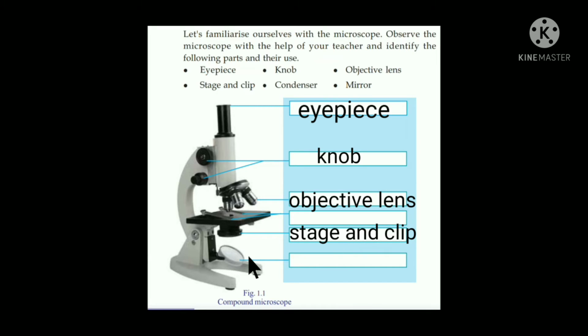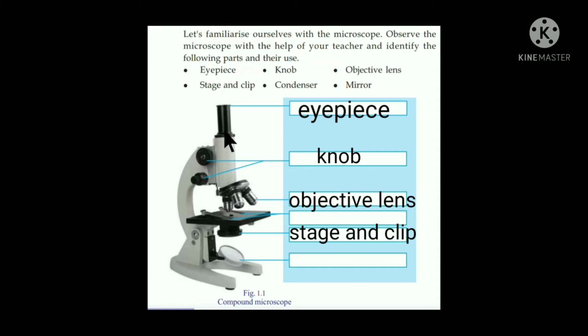Next, the last portion. This part is reflecting the sunlight. For example, if the sunlight is entering, it is getting reflected towards the condenser through the aperture. It reaches the object, then the objective lens. The objective lens magnifies that object's size.